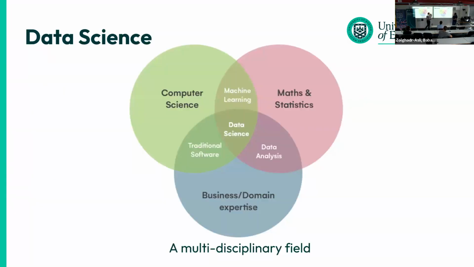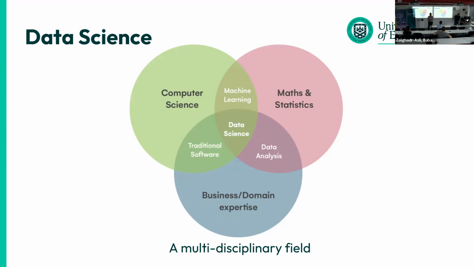Yeah, when we talk about data science, we have different areas. For example, if you want to have a machine learning model, we have to combine knowledge from computer science and maths and statistics. Or if we want to talk about data analysis, it's about domain expertise, knowledge expertise, and also maths and statistics.